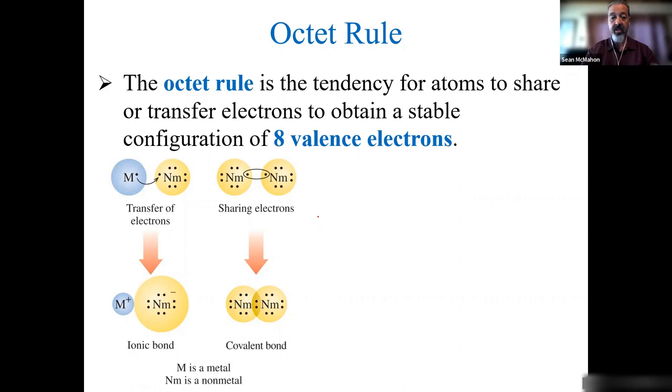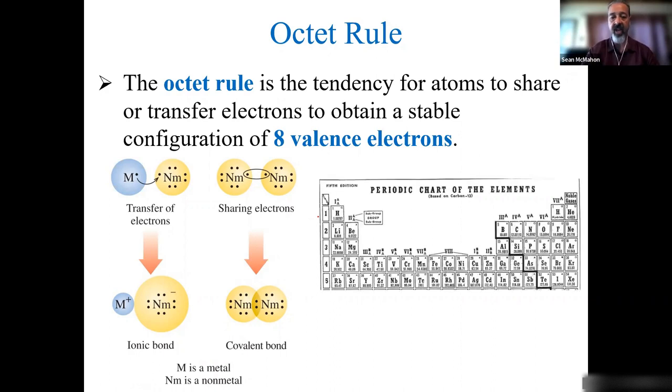So metals typically have very few valence electrons. If I looked at a periodic table and I see group 1A, if I was to pick, let's say, sodium, let's do lithium. Lithium has an atomic number of 3, which means it has 3 protons.